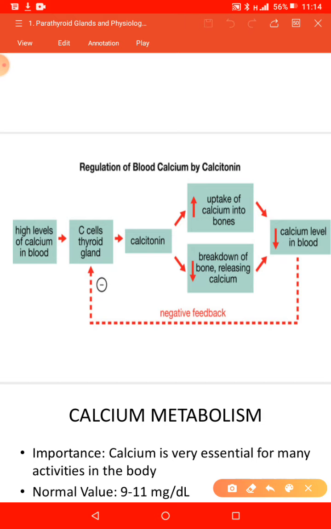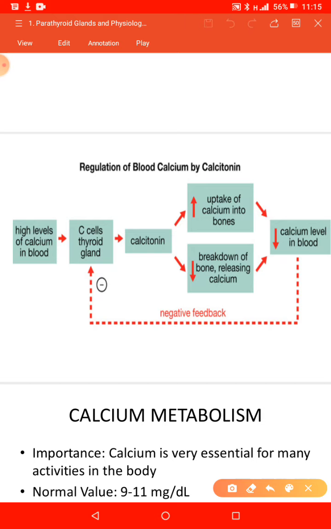And then on the bones, calcitonin stimulates osteoblastic activity, not osteoclastic, and facilitates the deposition of calcium on bones. At the same time, it suppresses the activity of the osteoclasts and inhibits the reabsorption of calcium from bones.